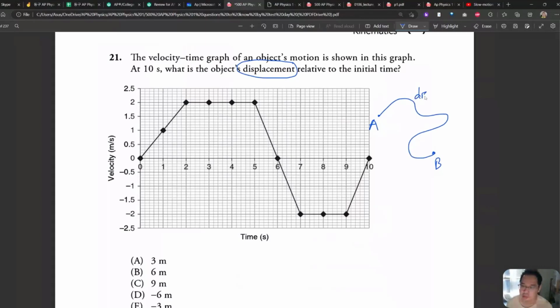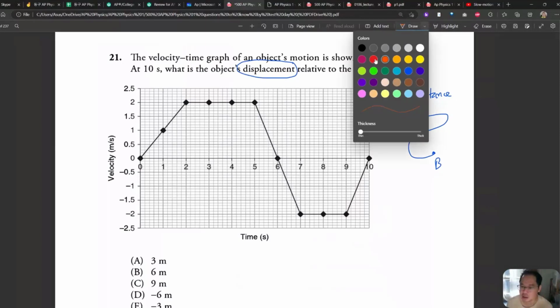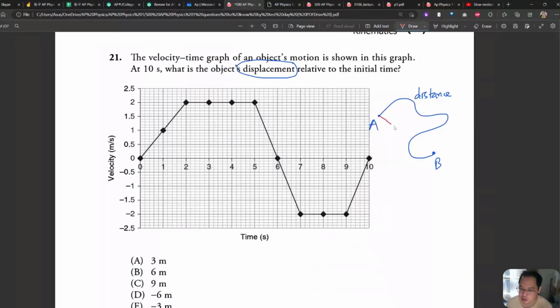This is the distance. But the displacement is simply a vector from A to B. Displacement can be positive or negative.